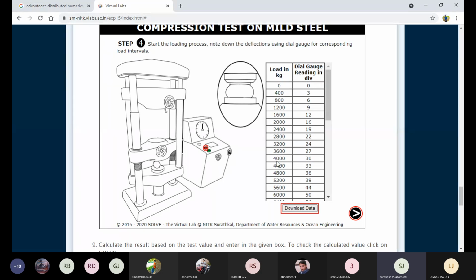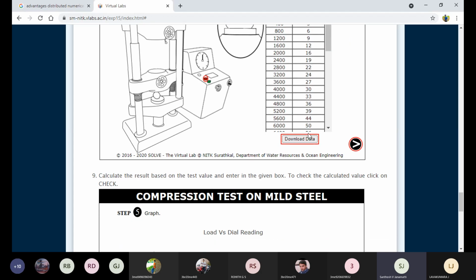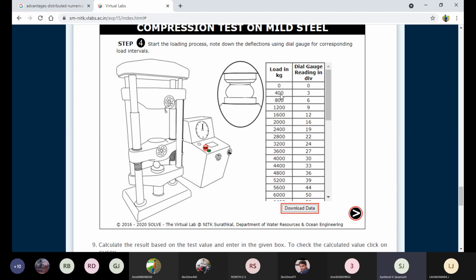Note down the loads or force, and on the other hand note down the displacements or strain developed in the material. These are the deformations you have to note down for each load, because later we need to plot the graph of stress versus strain, so you need to collect all this data.